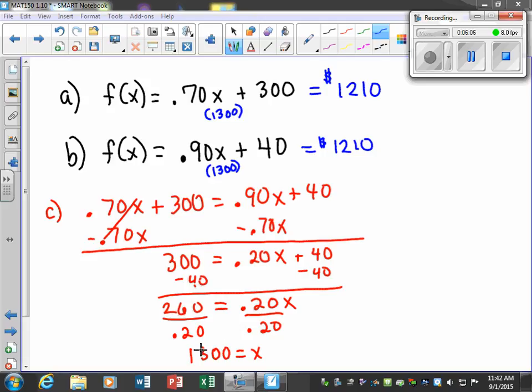Now that I know my x is 1300, I plug it in for x into this one and solve this out. This is my value. I did the same thing in part B, plugged this in for x and solved, and you can see that that's going to be our total yearly amount paid for each particular plan when x is 1300.